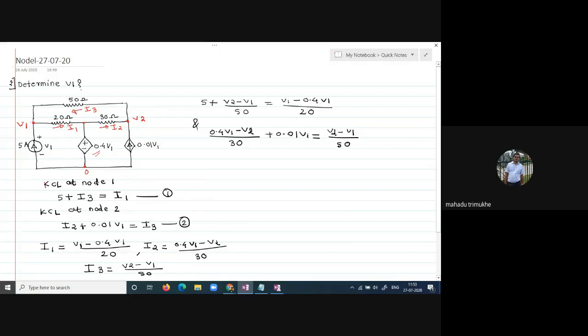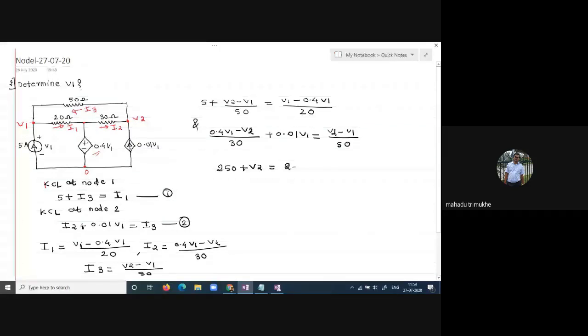Okay, now you simplify these equations. After simplifying these equations, you take the LCM. You will get 250 plus V2 is equal to 2.5 V1, and 1.6 V2 is equal to 1.3.